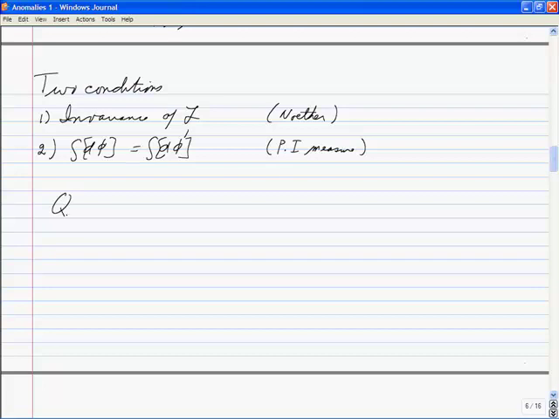So in quantum theories, we require both, and the anomalies are when one is satisfied but two is not.